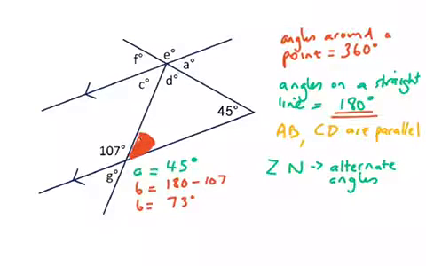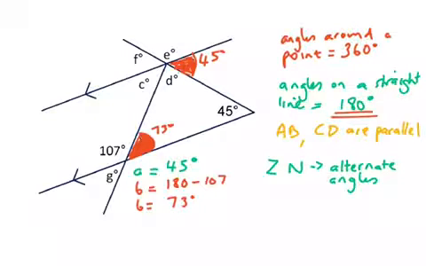This one, B, is equal to 73 degrees, and A, which is this one, is equal to 45 degrees. So what do you think we should do next?